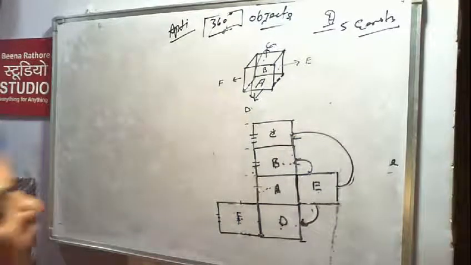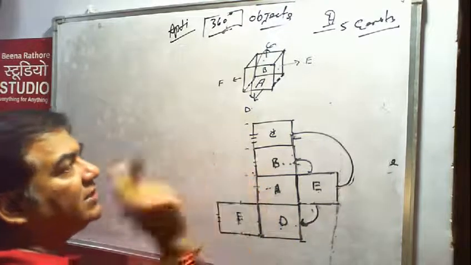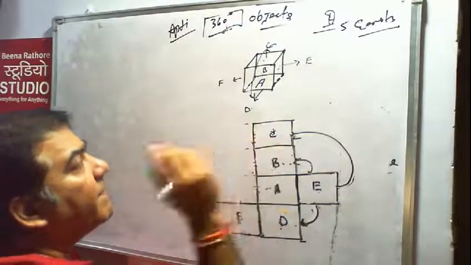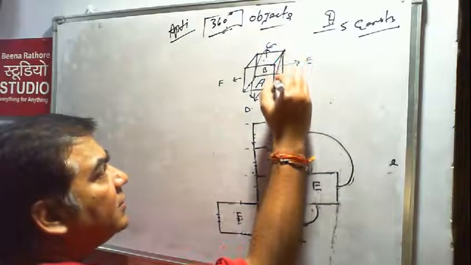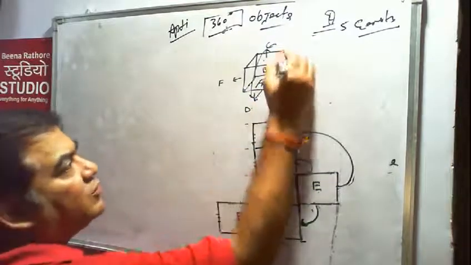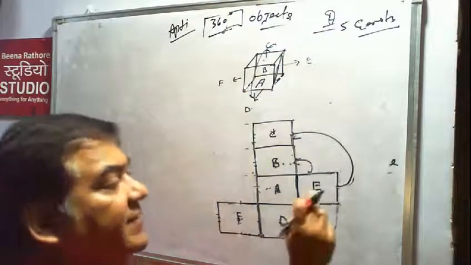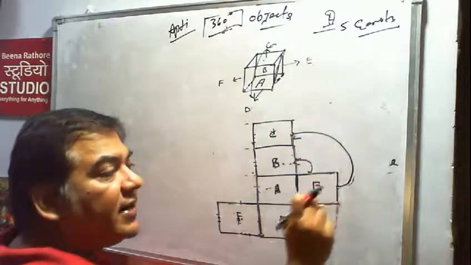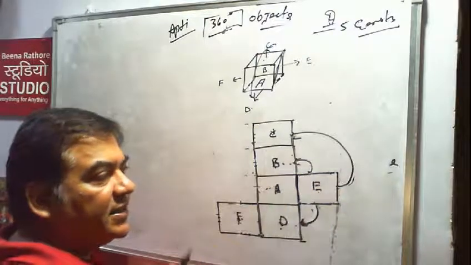Now, once you understand this, let's talk about our JE question paper. What's there in JE? If we put a diagonal over E, I'm putting a diagonal from this point to this point over E. Since E is right now in this position, the diagonal could be placed either on this side or on this side.